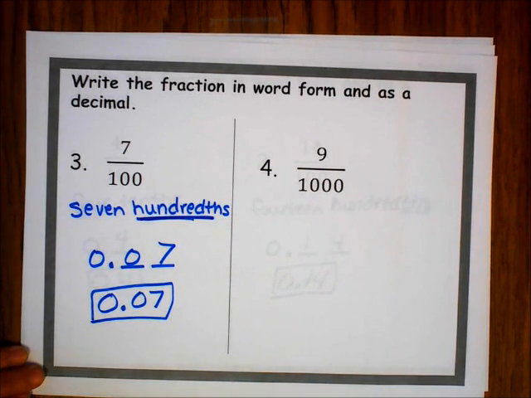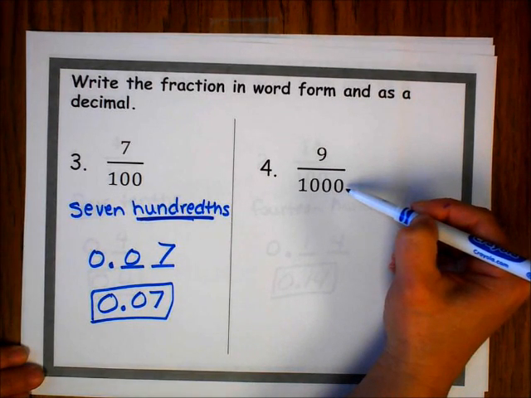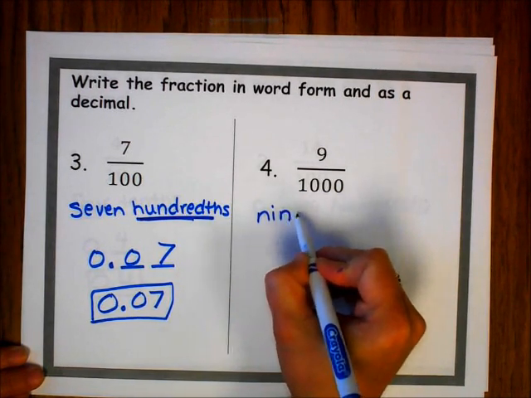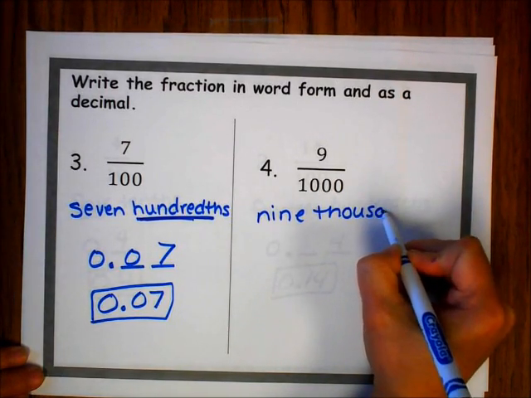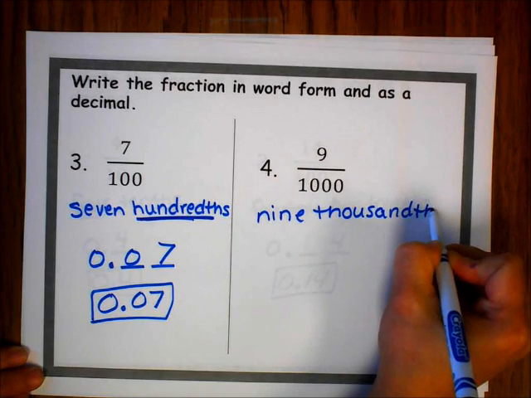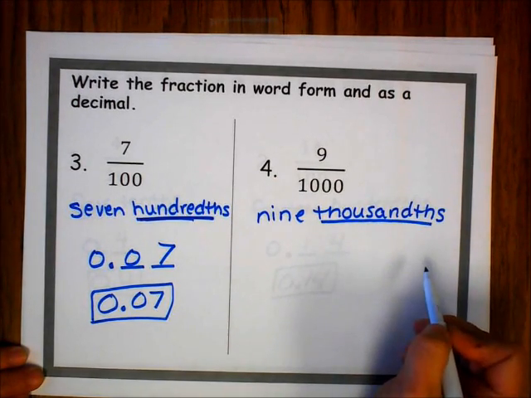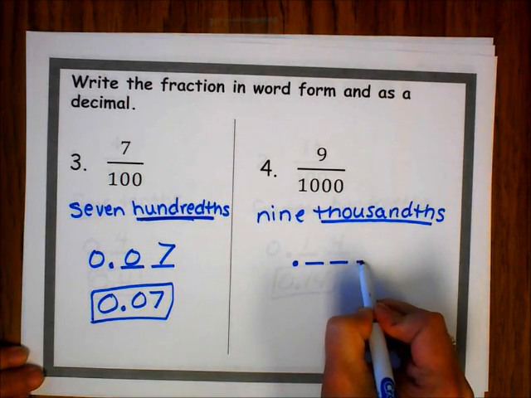Let's try number 4 together. Number 4 gives me 9/1000. The correct way to say that using place value words is 9 thousandths. So let's write that in words. 9 thousandths. Remember, thousandths is 3 places behind the decimal, tenths, hundredths, thousandths.